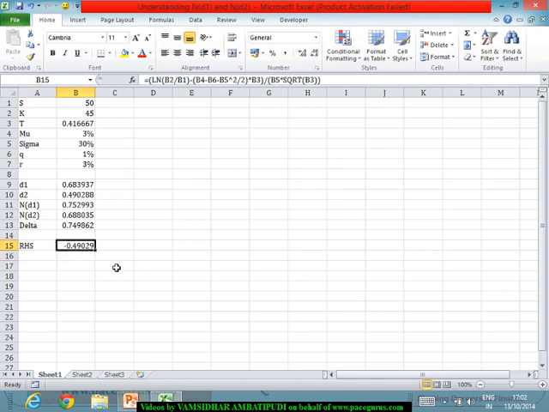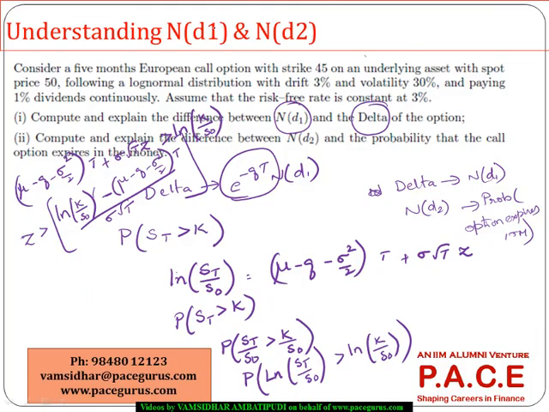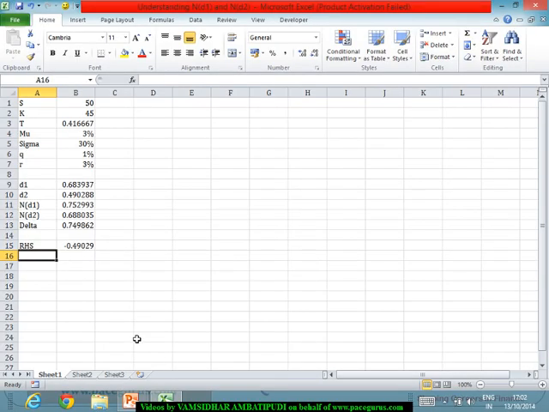So I need the probability of Z greater than minus 0.49, or the other way of saying it is the probability of Z lesser than the minus of minus 0.49, Z lesser than 0.49. So that's where I will get the N(d2).